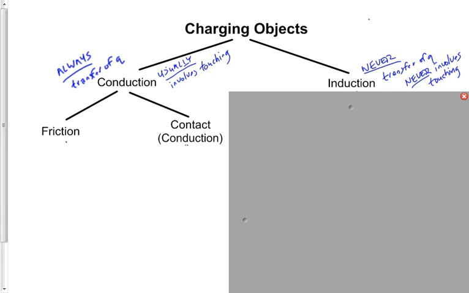Charging by friction involves rubbing things together. And when you do that, electrons will move from one to the other.